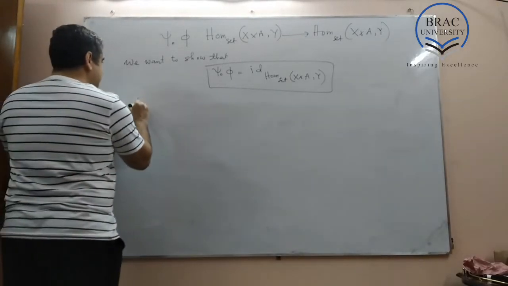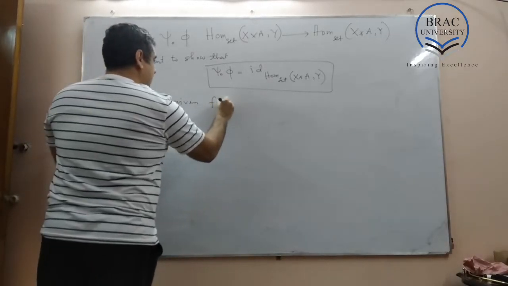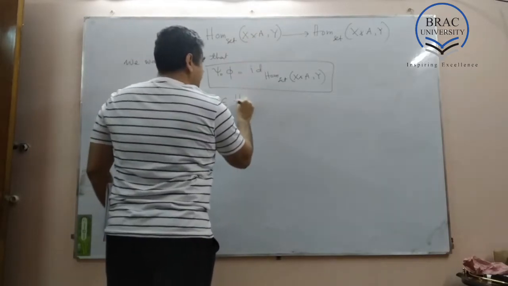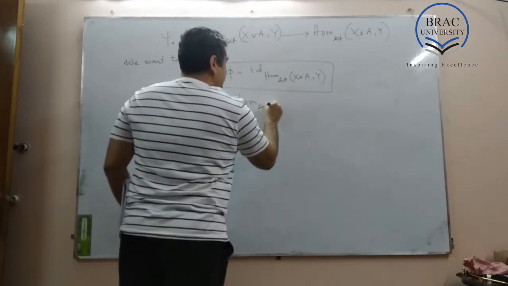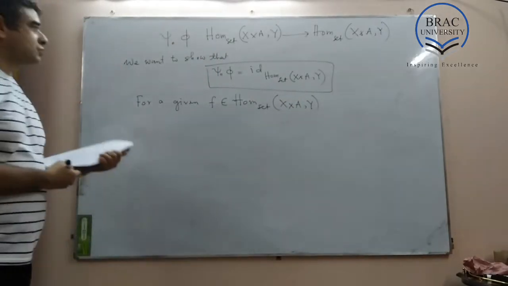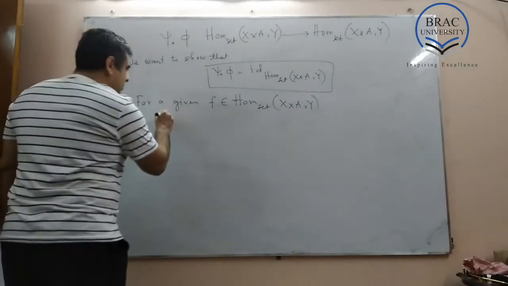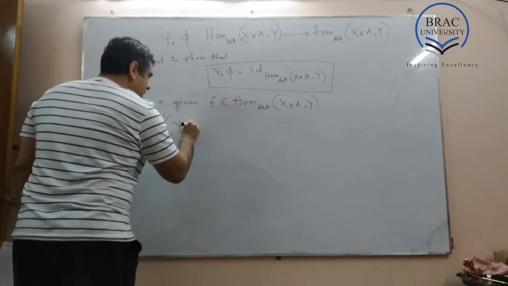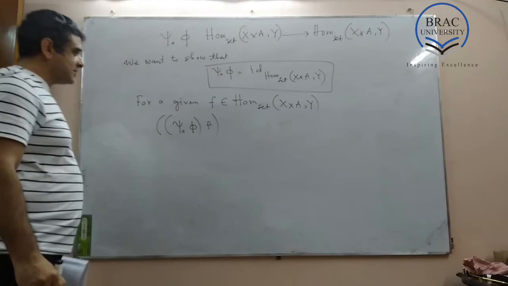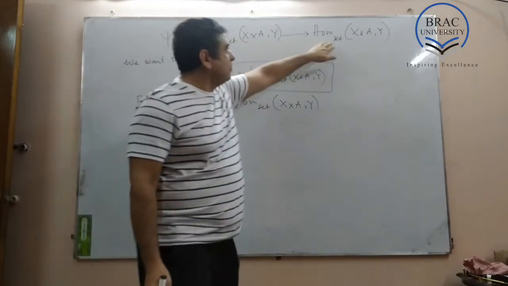For a given element in this hom-set from X cross A to Y, we choose an element from this set. So first I need to understand what this psi composed with phi does by acting on f. Okay? So psi composed with phi is a map from this set to itself.